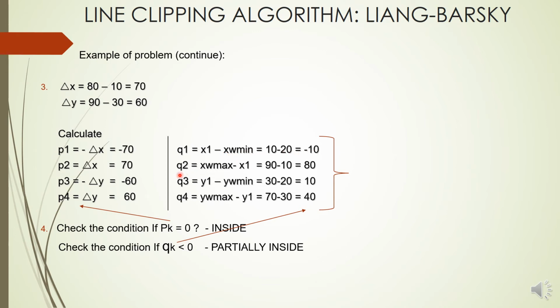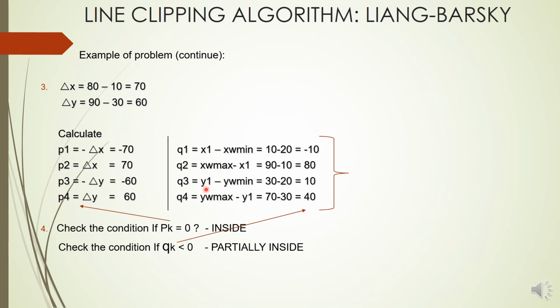And then you calculate Q2 using this formula, xw max minus x1. xw max is 90 minus x1 which is 10, you get 80. And then Q3 is using your y1 value minus yw min, which is 30 minus 20, you get 10. And then Q4 is yw max minus y1, which is 70 minus 30, you will get 40.